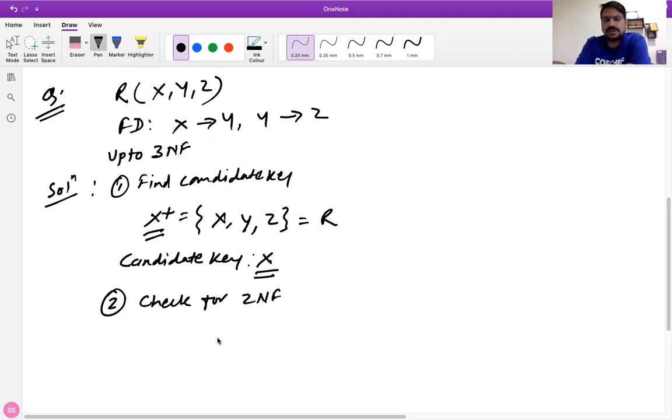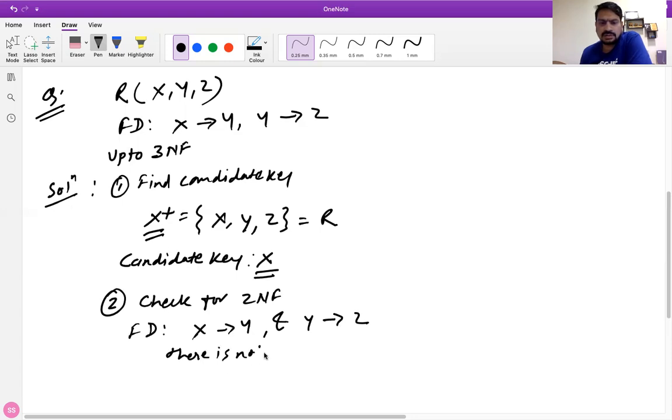For the second NF, what do we have to check? We have to check the functional dependencies X determines Y and Y determines Z. We are getting an atomic value in the determinant part in both. In both, there is no partial functional dependency, right?